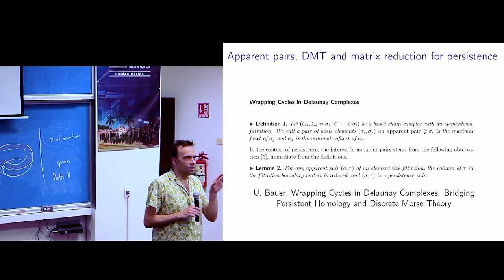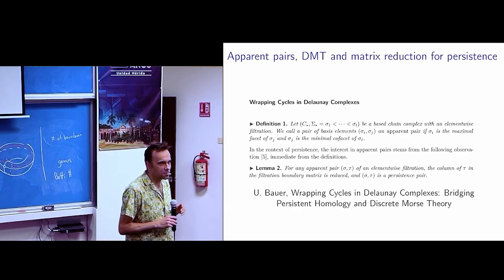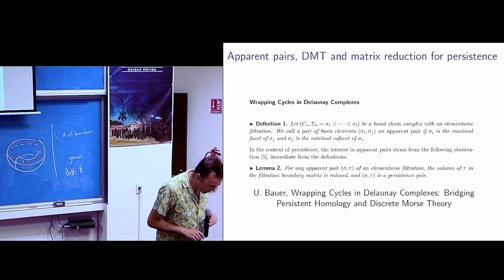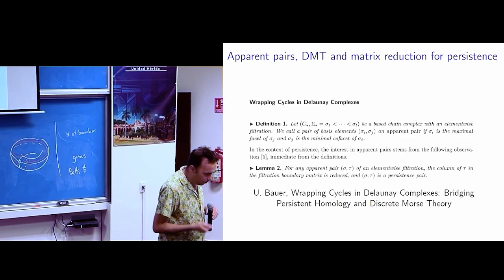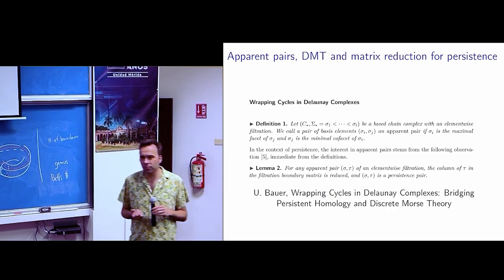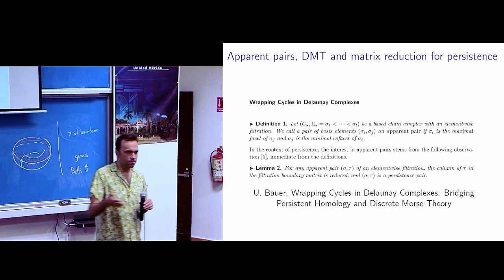The definition is ugly, as usual, but the concept is very easy once you realize it. So let's take a look together. So we have a complex with an element-wise filtration. Element-wise filtration means that no two elements have the same filtration.